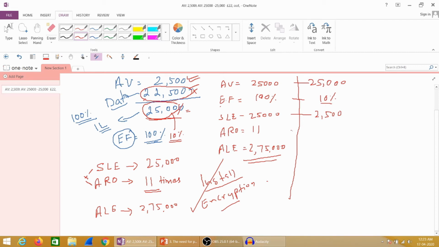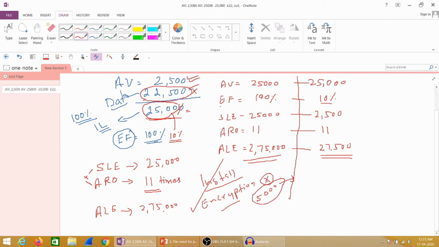Now the ARO, if it is the same 11 times per year, your ALE will be 27,500, not 2,75,500. So if you spend about 5,000 rupees for the mitigation, then spending over an X amount, this is again a question, because the X amount is the TCO.